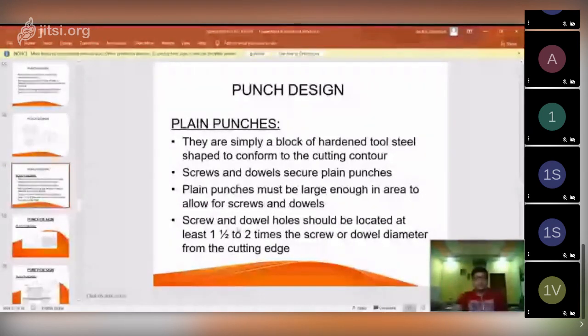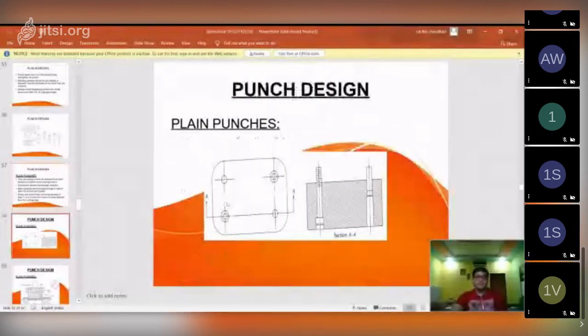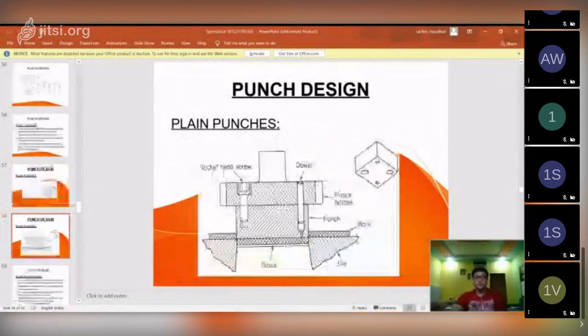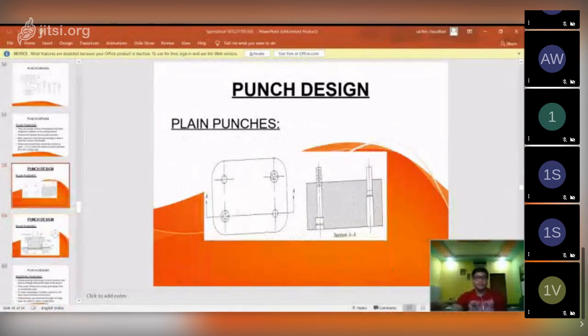And the screws and dowels are to be located at least 2 times the screw or dowel diameter from the cutting edge. This is a figure where they are placed diagonally. Generally, we place screws and dowels diagonally.